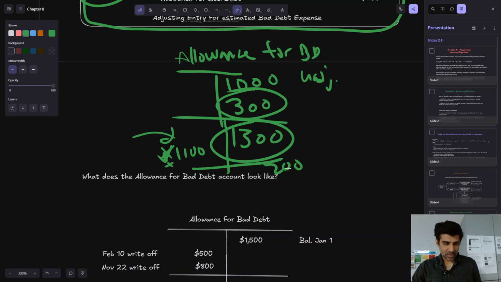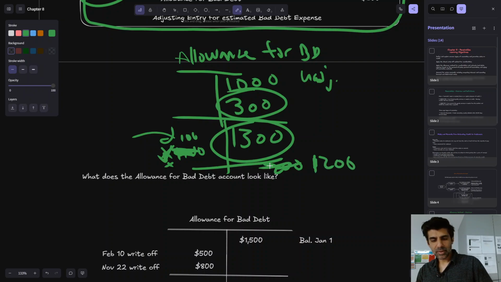Let's do a slightly different example here. If instead of 1,100, the write-offs were only 100, then this would be 1,200 instead. And then maybe we have another $500 adjusting entry, and it's 1,700 now.